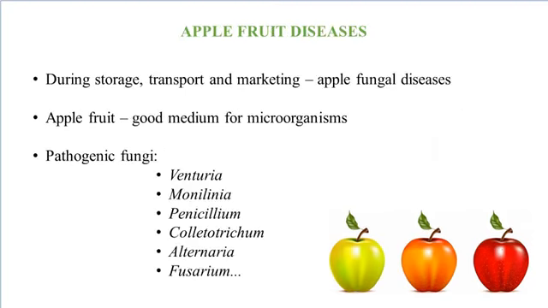During storage, transport, and marketing as well, apples can be infected by different phytopathogenic fungi, which can cause apple fungal disease. The following phytopathogenic fungi are listed as the most important causative agents of apple fruit rot in storage, and all because apple fruits are a very good medium for microorganisms, since they are full of water and sugar.